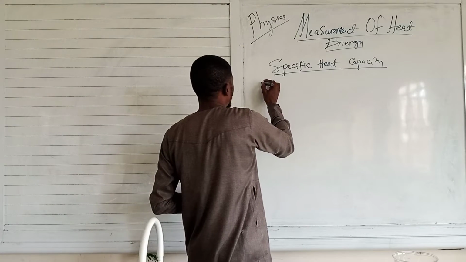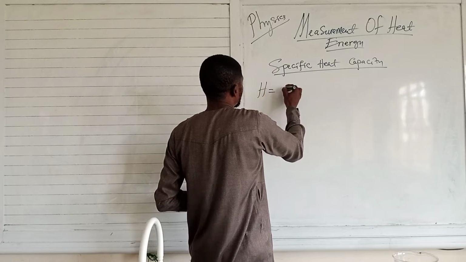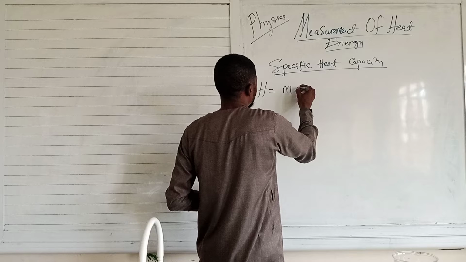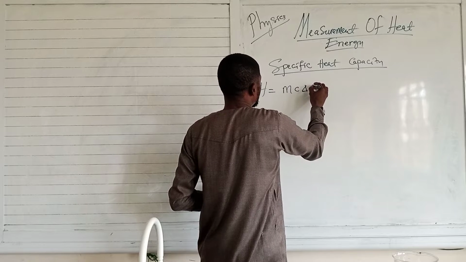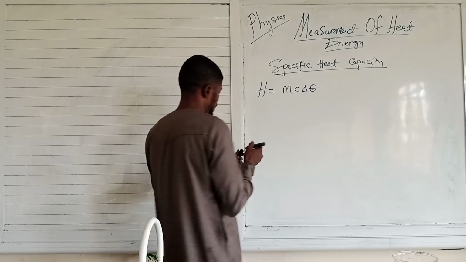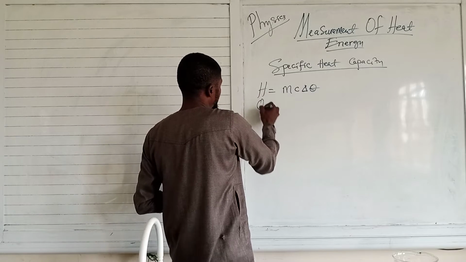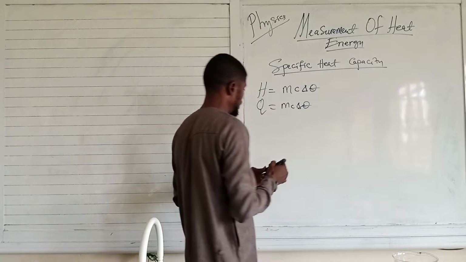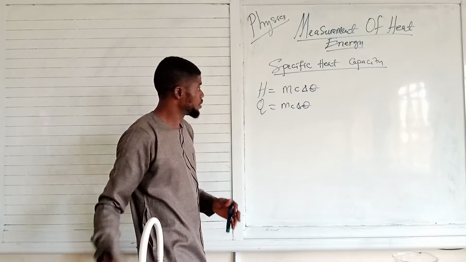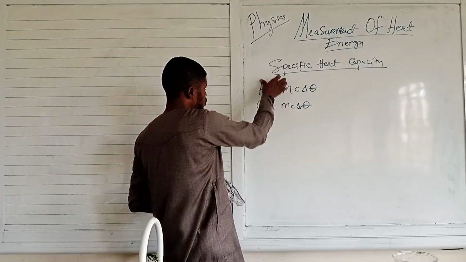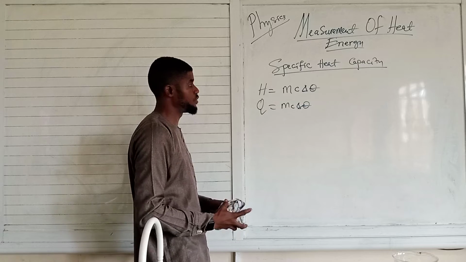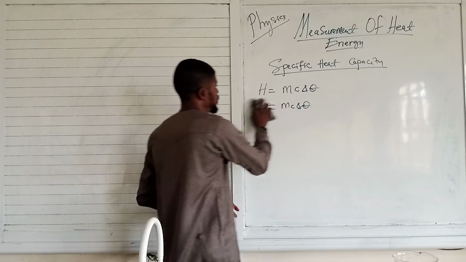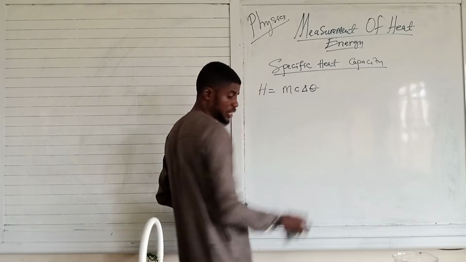From the equation, H is equal to mc change in theta. In some textbooks we write Q is equal to mc change in theta. They still mean the same thing. So in this video, we want to be consistent with the usage of the symbols. We want to make use of H is equal to mc change in theta.